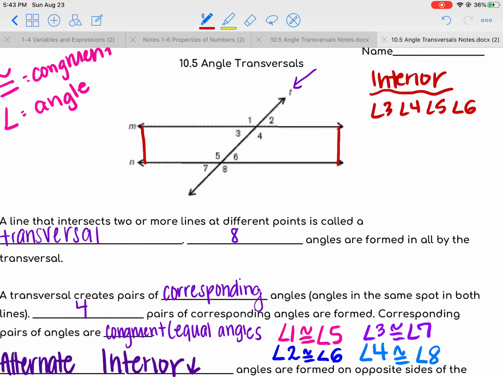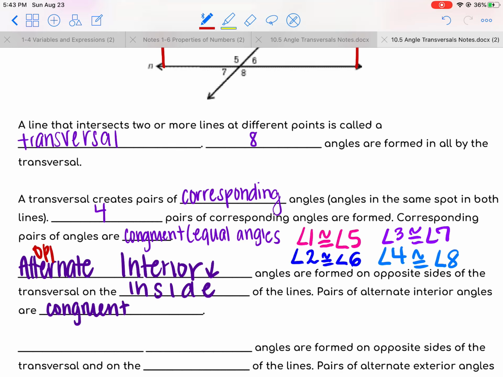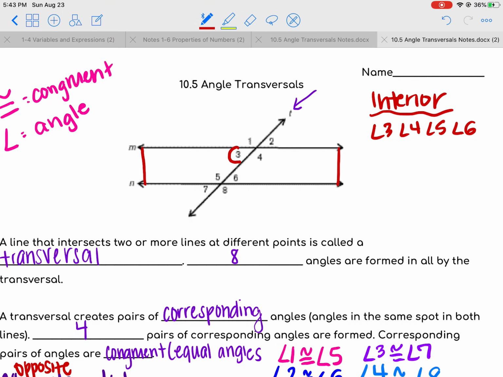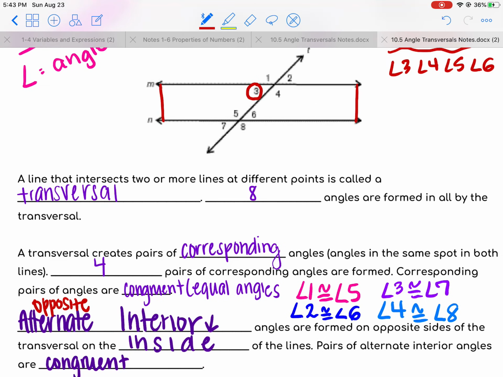Now let's talk about the word alternate. Alternate is another way to say opposite. So these are formed on opposite sides of the transversal. So if I have angle 3 and I want to find the angle that's opposite of my interior, so let's think about opposite.